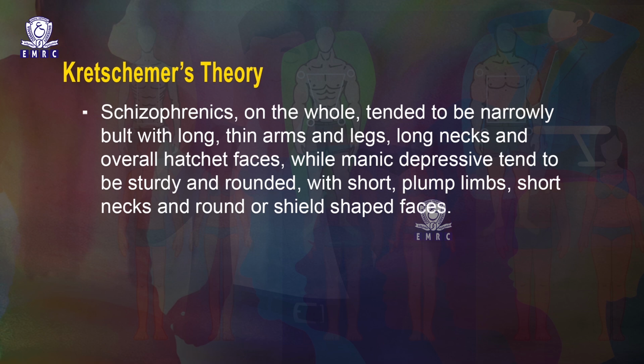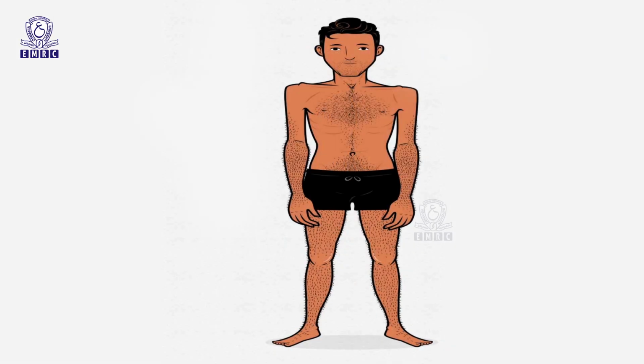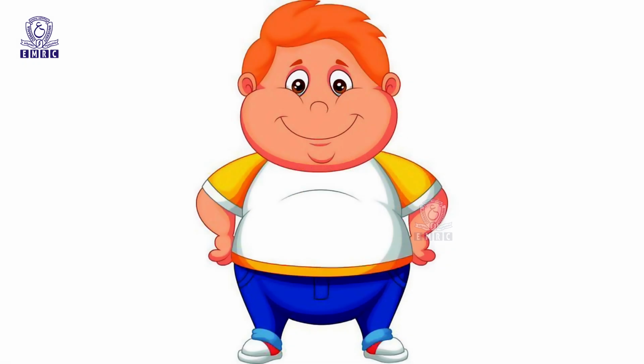or shield shaped faces. Kretschmer then carried his research beyond the mental hospital and found similar associations even outside. Long limbed, narrowly built people tend to possess the temperamental characteristics of schizophrenics, and short limbed, plump people have the temperamental characteristics of manic depressives.